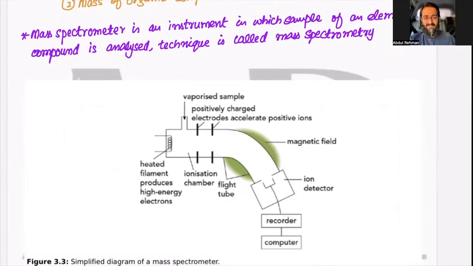Just 1 minute. Yep, on the basis of mass over charge ratio.